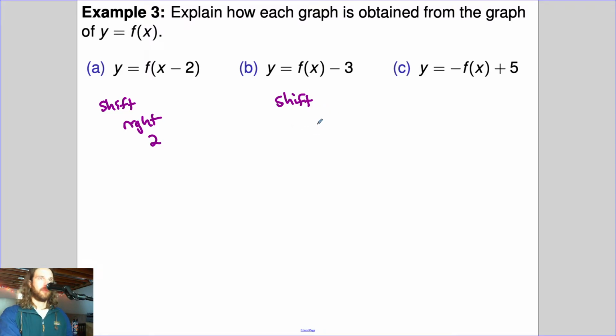I was testing you. Shift down 3 units. Inside goes the opposite, the way you think outside behaves normally. And this one has 2 different transformations. The first, the negative, is a reflection over the x-axis.